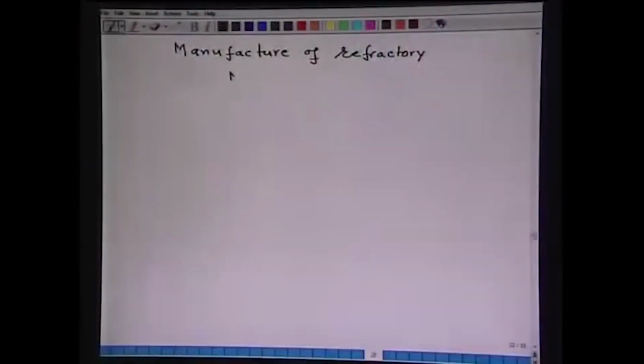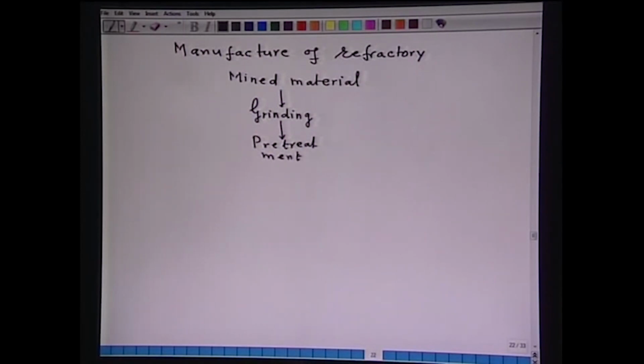Say mined material coming from run of mine is subjected to grinding operation for the smaller particle size, and then the ground material is subjected to pre-treatment, and this is a very very important stage.